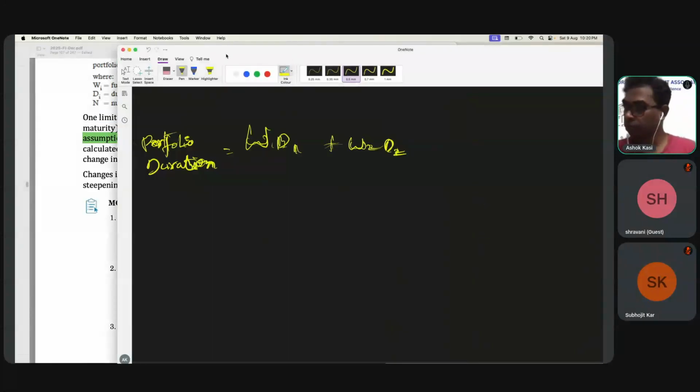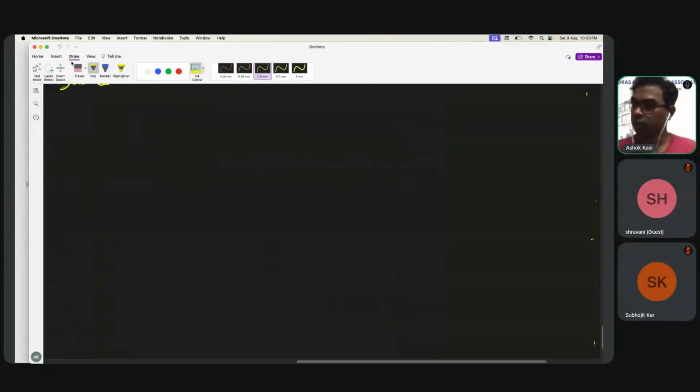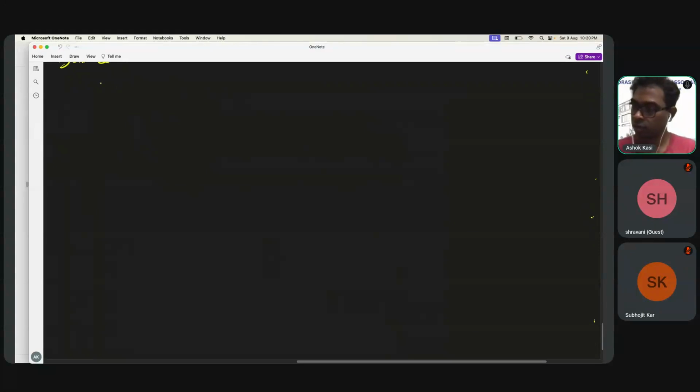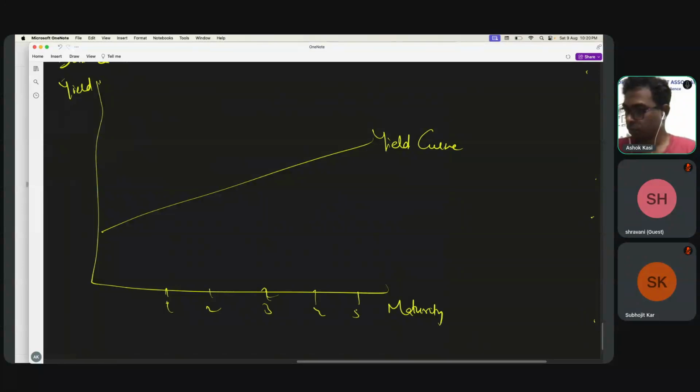See, what does parallel shift mean? Parallel shift means if this is the yield curve, this is yield and this is maturity, so this is for different time periods, 1, 2, 3.